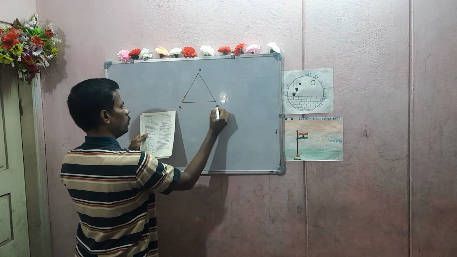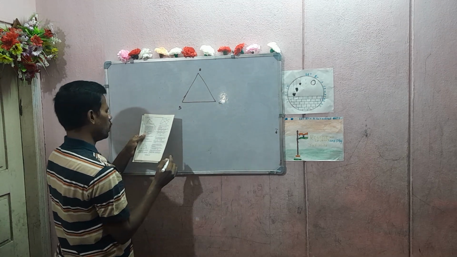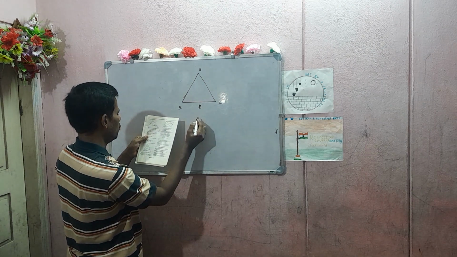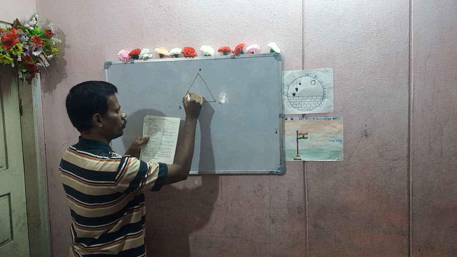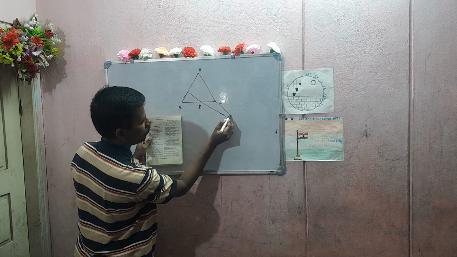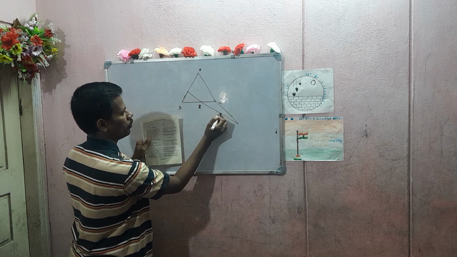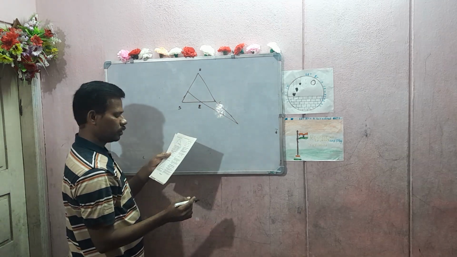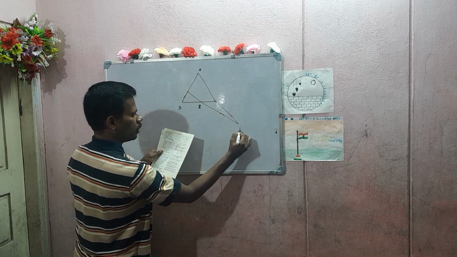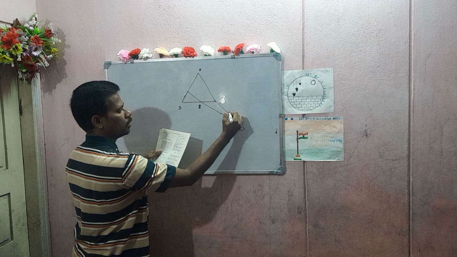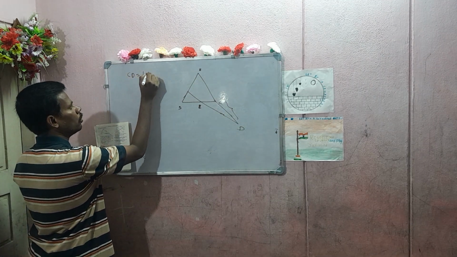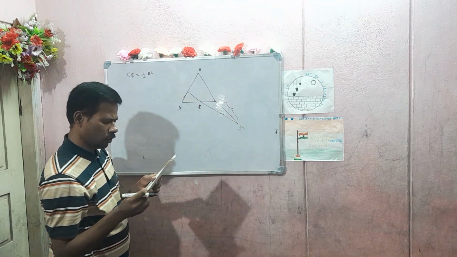A, B, C. E is the midpoint of BC, and CD is equal to half AC. That is given. E is the midpoint.